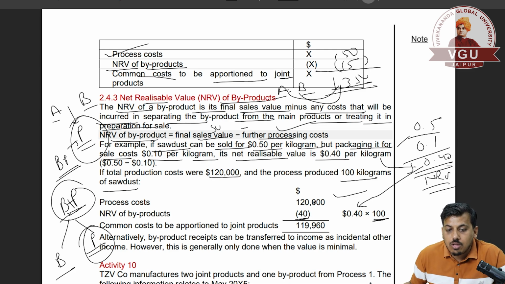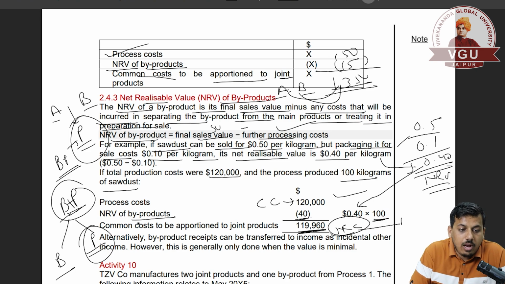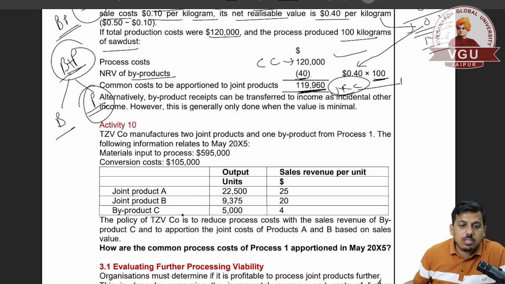From the 1,20,000, which is the total common cost of products A and B, we reduce $40 because we will sell our byproduct for $40. So our net common cost will be 1,19,960, which will be apportioned to the main products. Alternatively, byproduct receipts can be transferred to income as incidental other income.